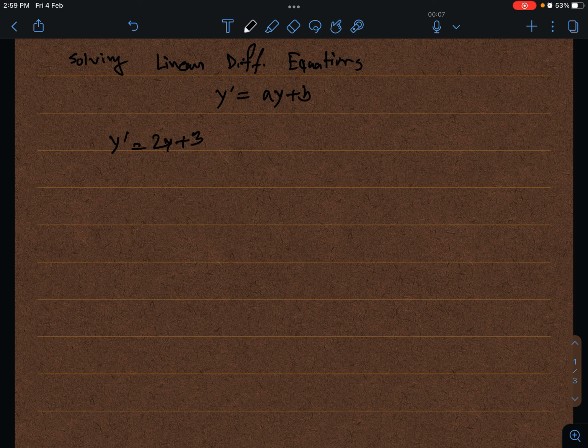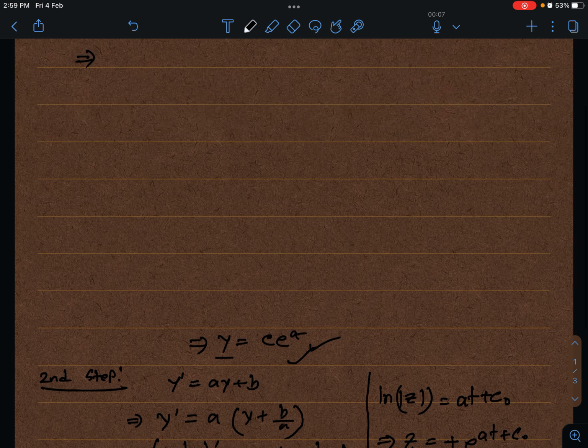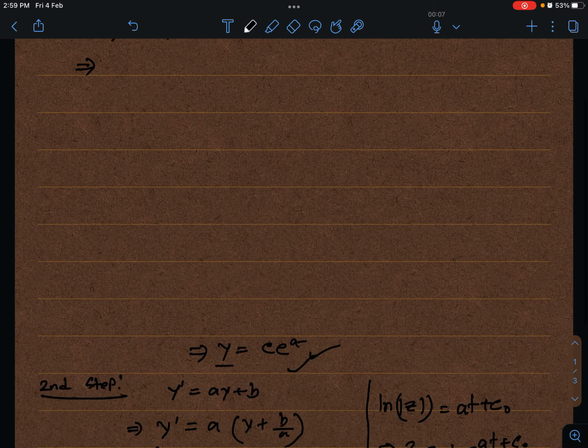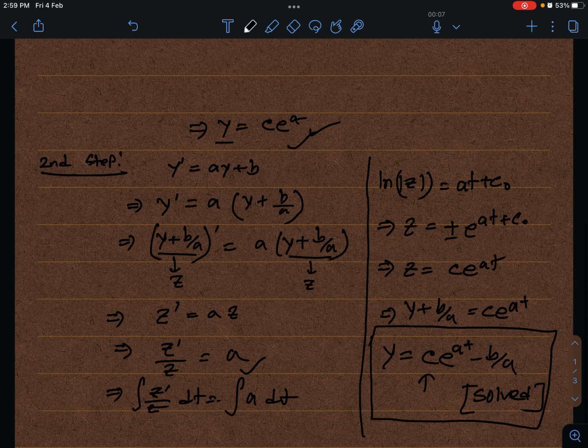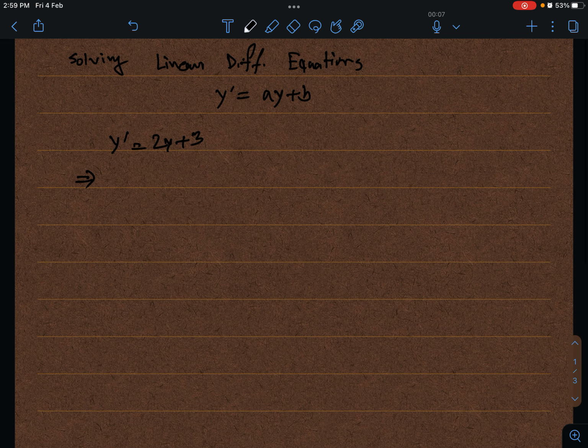So let's solve it from scratch. Let's not just use the solution here. So we have y prime equals 2y plus 3, which is 2 times (y plus 3 by 2), so (y plus 3 by 2) whole prime equals 2 times (y plus 3 by 2).